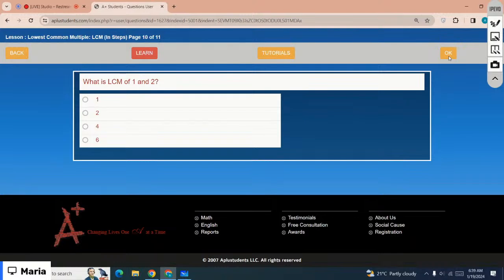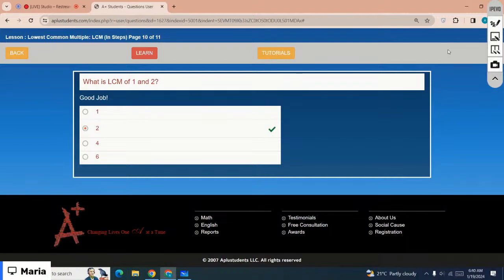Which is the correct option? For 1 and 2, that is 2, right?